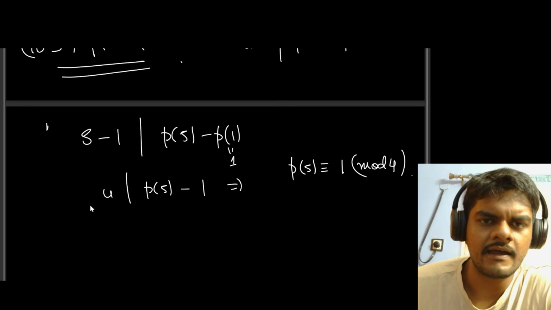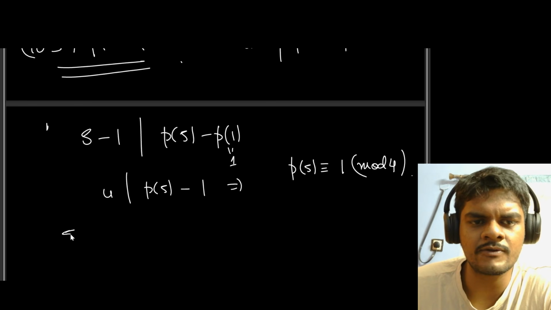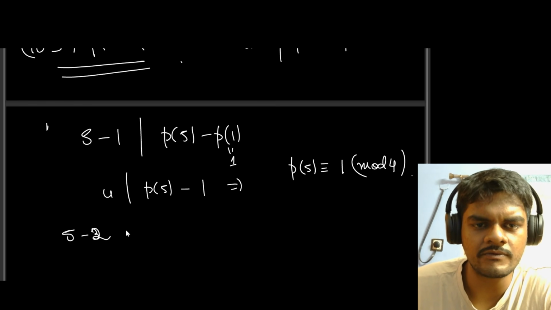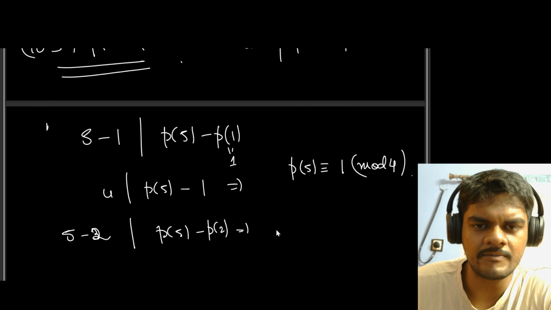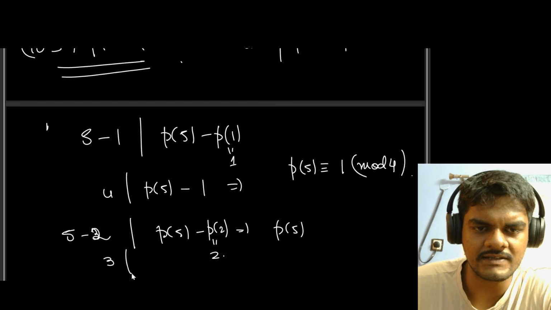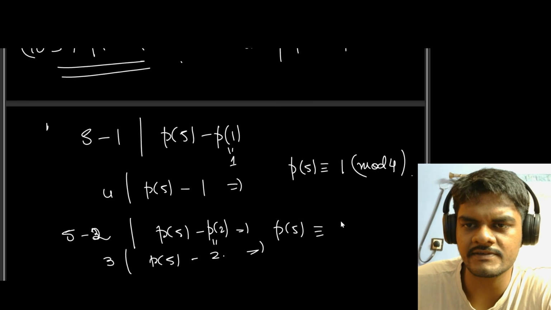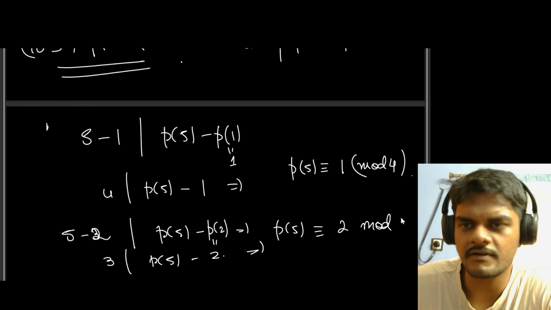And 5 minus 2, this is 3, should divide p of 5 minus p of 2, where p of 2 is 2. And this will imply p of 5 is 2 mod 3.